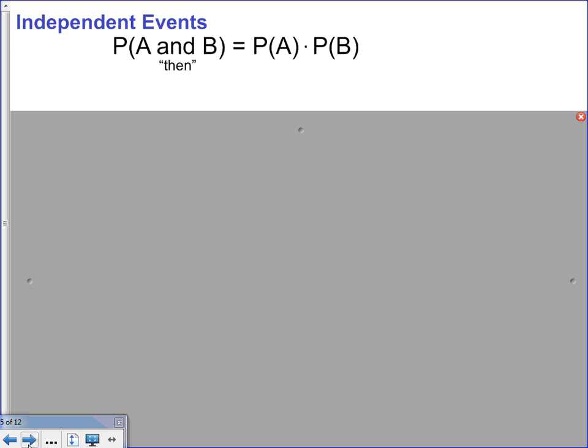So we're doing more than one thing. We're drawing a card and then another card. And then we can compare those 2 events separately.